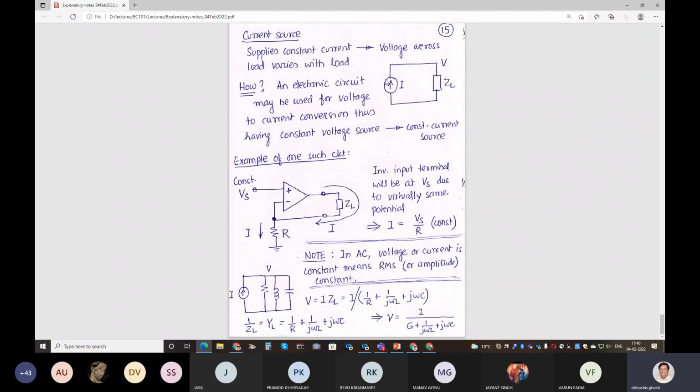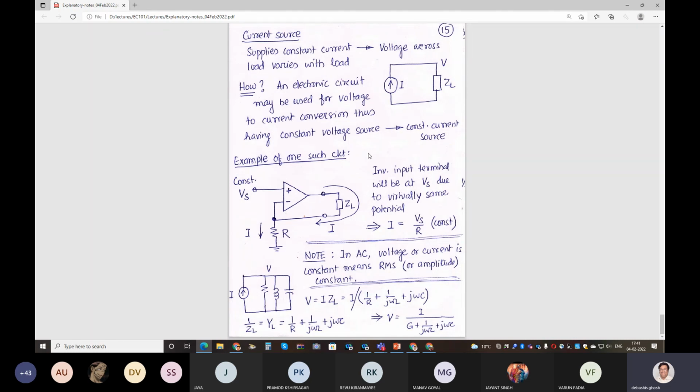Although the source is supposed to give you a constant I, you actually get some current which is less than I, and that is modeled by taking one parallel path showing the source resistance through which the current leaks inside the source. Okay, that's all. In future, when you draw electrical circuits, sometimes you have to also include the source resistance.